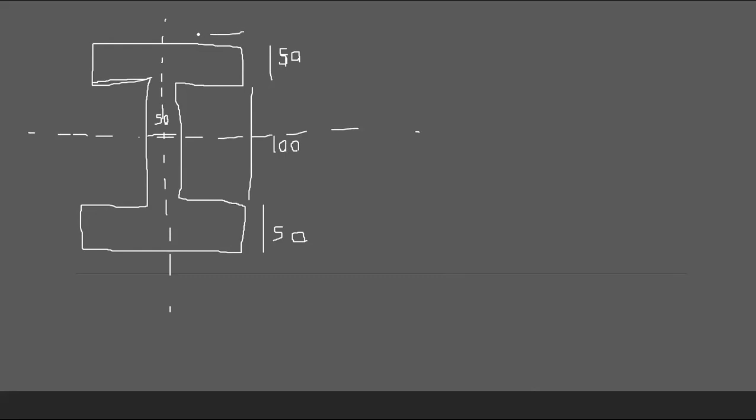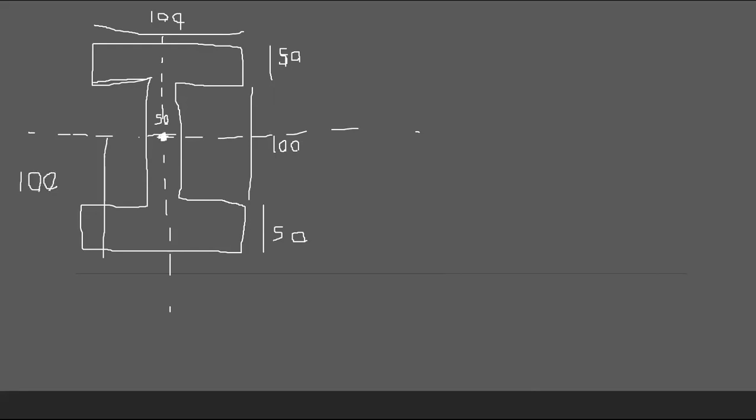Since this is symmetric, I won't find the centroid, because I know its distance to the centroid is exactly 50 plus 100 by 2, that's going to be 100. This is the centroid.